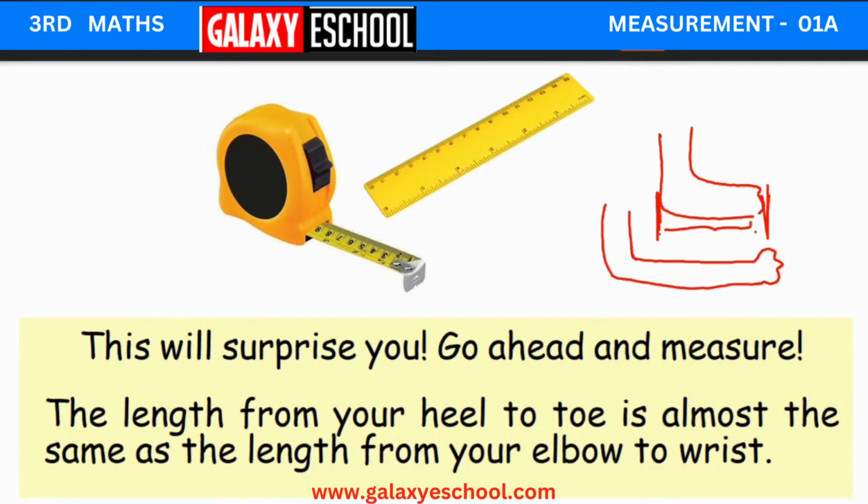Consider this as our hand. Now this length, the length of our foot from heel to toe, is almost equal to the length of our hand from elbow to the wrist. The wrist is here, children, where your palm ends. This is the wrist, from wrist to elbow.